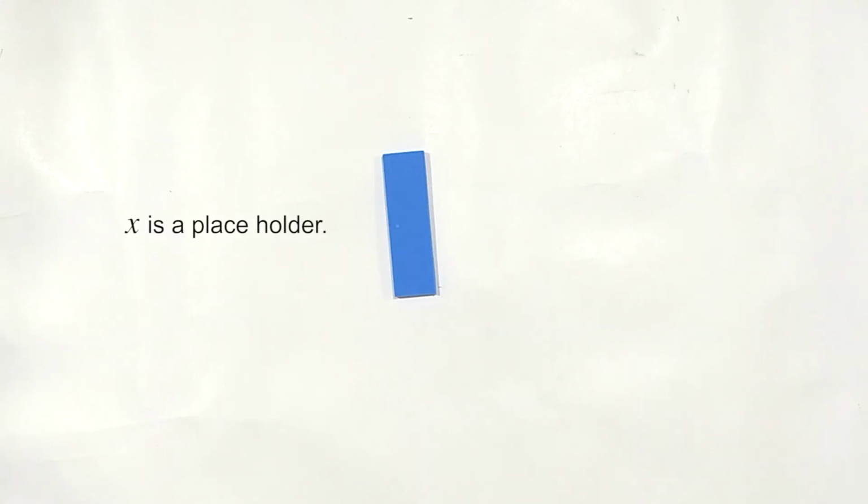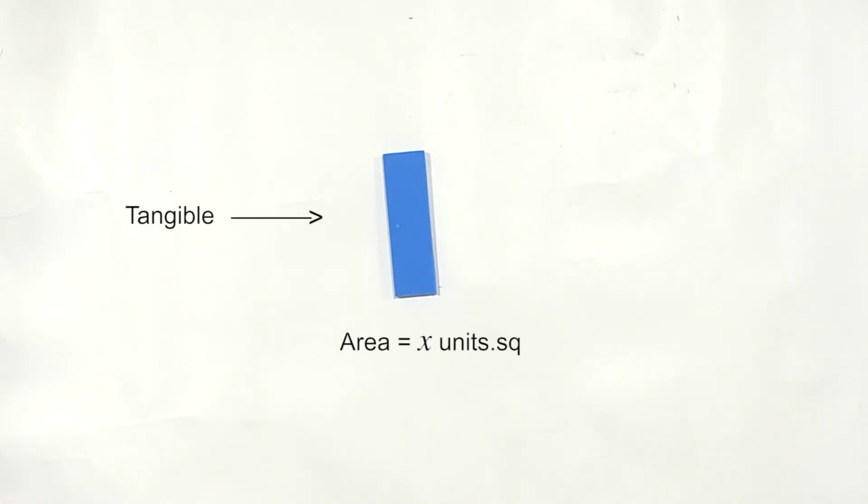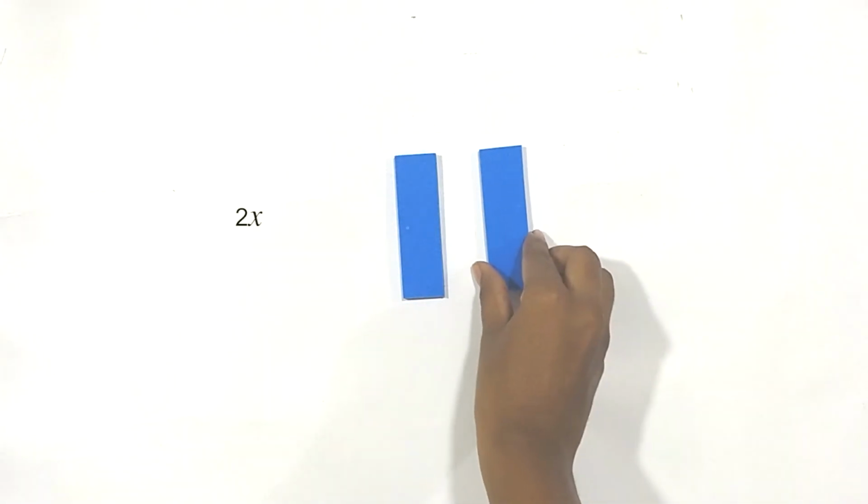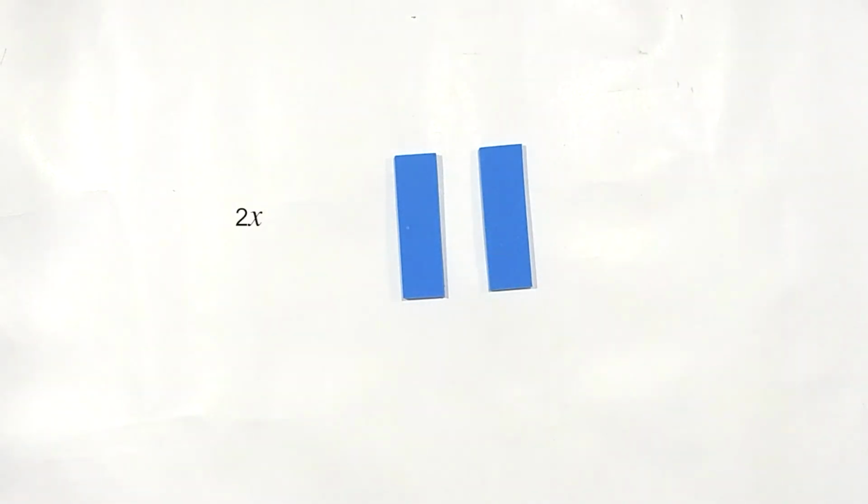To represent this unknown, we simply want a tangible placeholder with an area of x units squared. So the actual measure of the rectangle's length is immaterial. This is in fact the beauty of algebra as a concept too. The fact that we can play around with terms without knowing their actual value is a very profound idea in itself. So to represent positive 2x, we can use 2 blue rectangles.